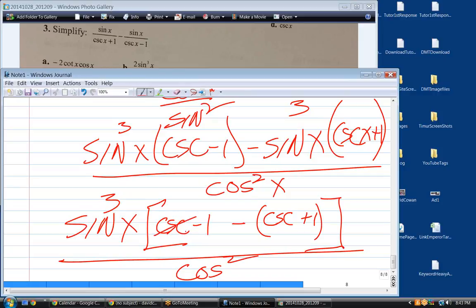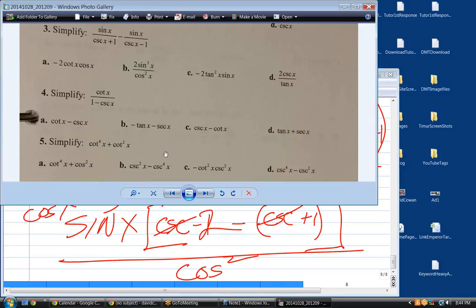Well, this cosecant cancels with that, and I have minus 1 minus another 1, so I have minus 2. So I end up with minus 2 sine cubed of x over cosine squared of x. B.